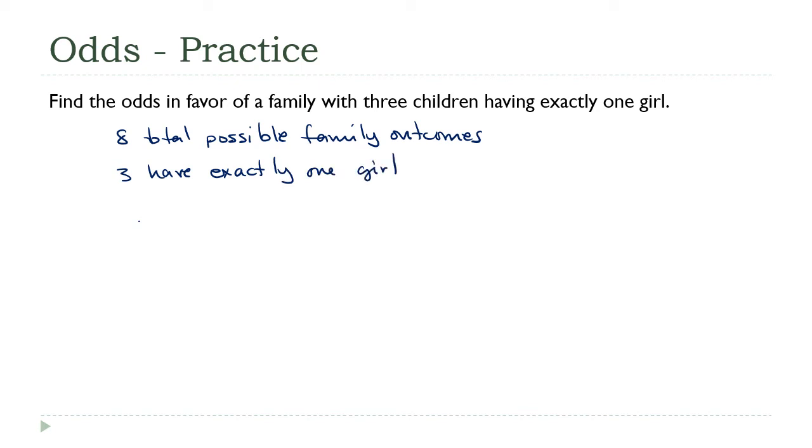The girl could be the first child, the second child, or the third child. 3 possibilities. So now you go back and look. That's for the odds in favor. That's the number of ways to have exactly 1 girl, to the number of ways to not have 1 girl. Well, if there's 8 altogether, and 3 of them are the 1 girl combinations, that leaves 5 to be everything else. So there's my odds, 3 to 5.